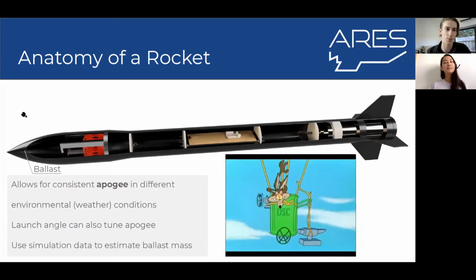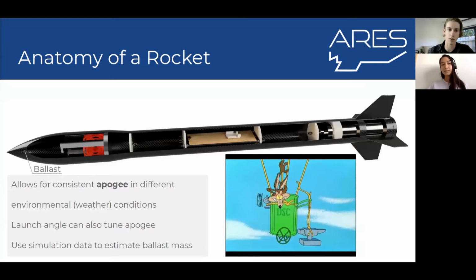Yeah, so next up we've got the ballast, which is typically right up inside the nose cone. It's essentially just some weight that you add to the rocket to adjust how high it goes. In other words, you can adjust and tune the apogee, which is the peak altitude. Depending on different weather conditions, the rocket will go to different apogees.